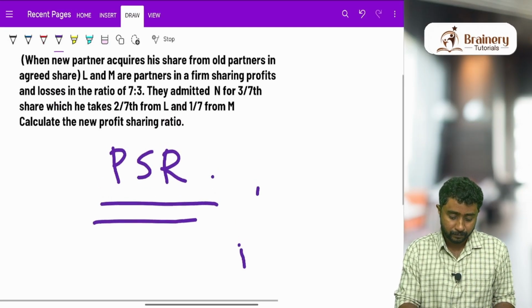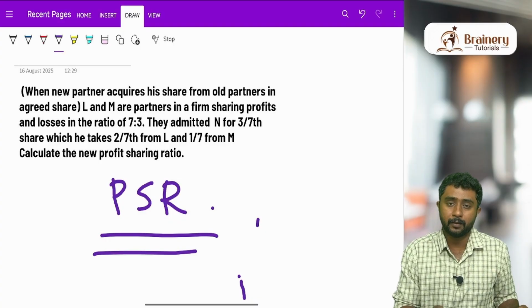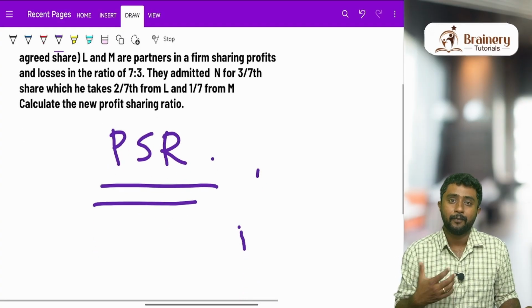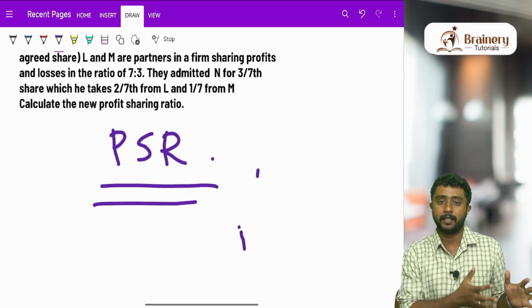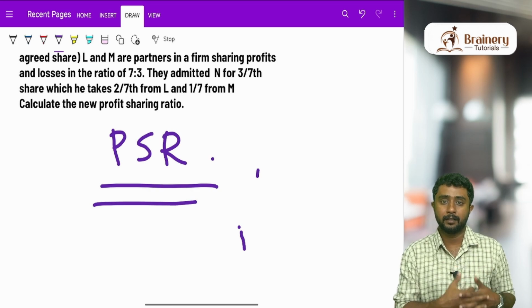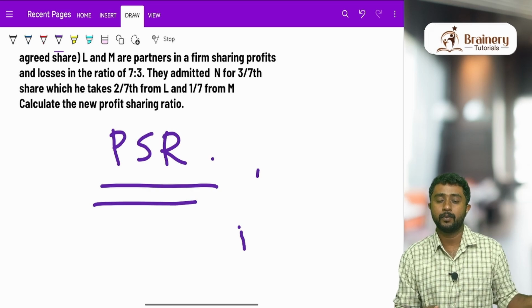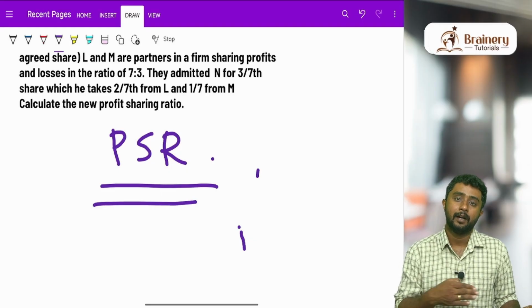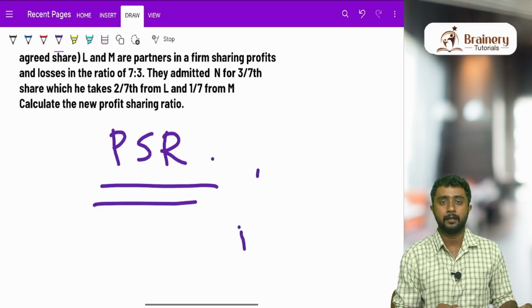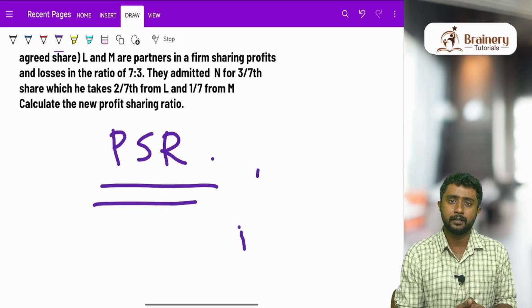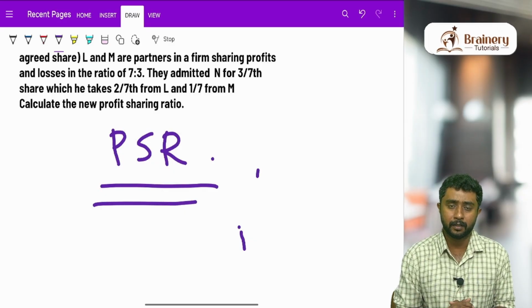But coming to the profit sharing ratio, we are not bothered about the ratio which partners fix the first time. That means me along with my friend and his friend, 3 of us are planning to start a partnership, and the ratio in which we agree to share the profits in future is called the profit sharing ratio.